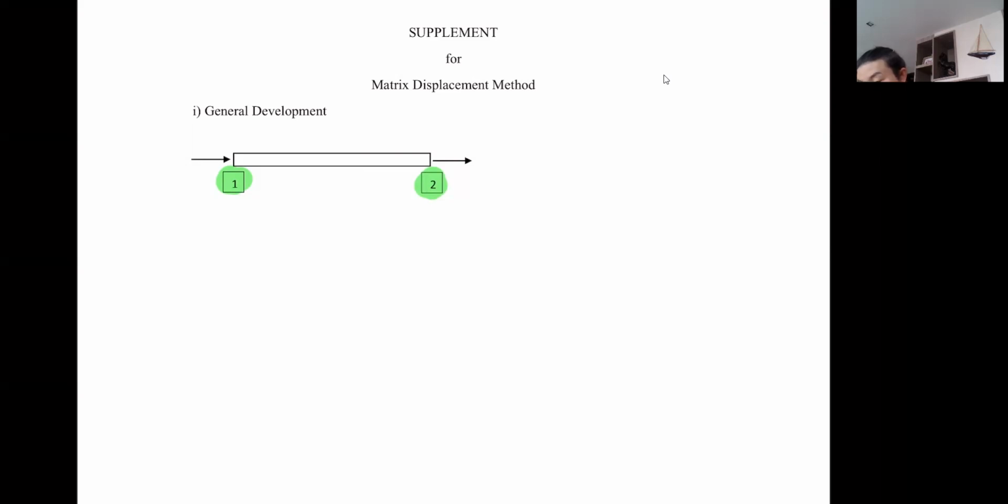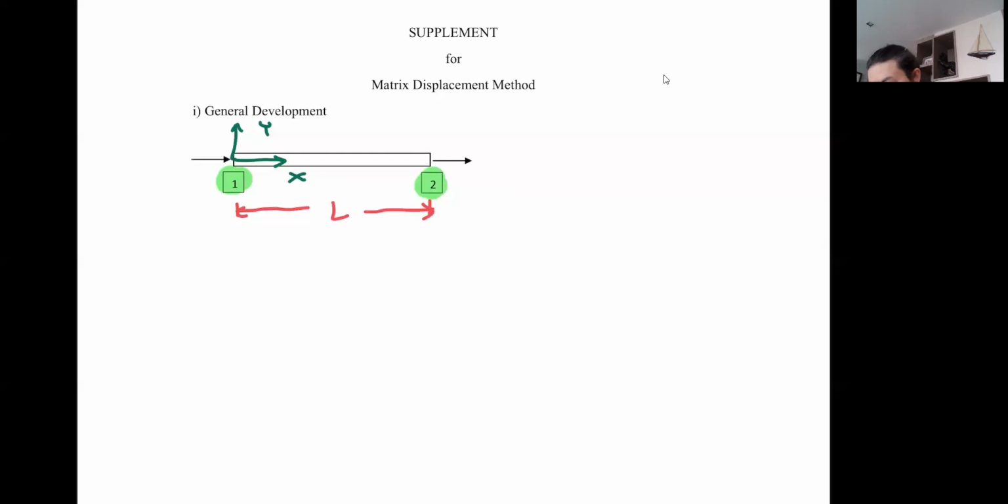We are going to put the typical orientation, that is a typical XY like this. So this is the x-axis, this is the y-axis. And this member naturally should have the length equal to L.